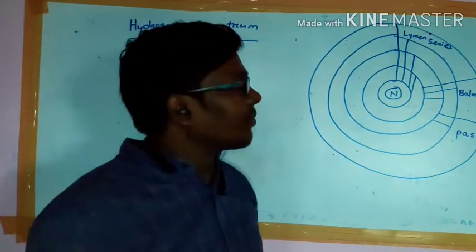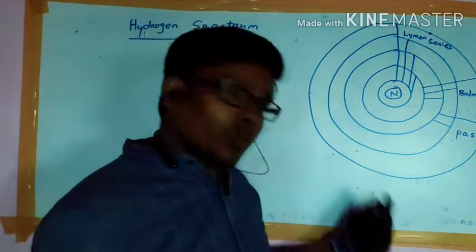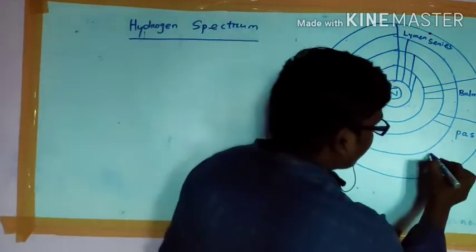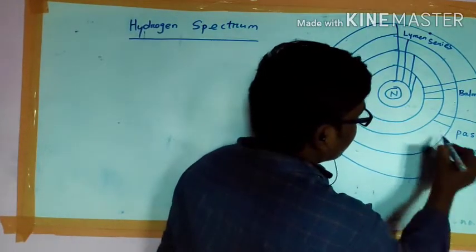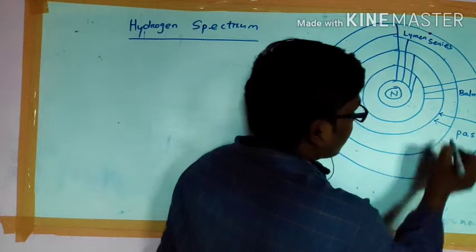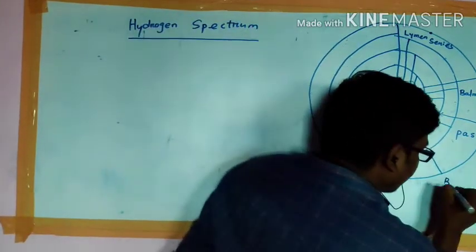If the ground orbit is orbit number 4, this is called the Brackett series.